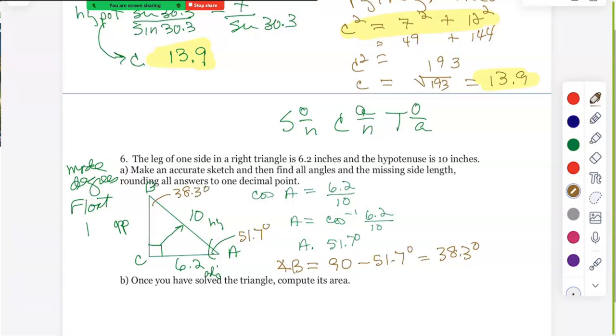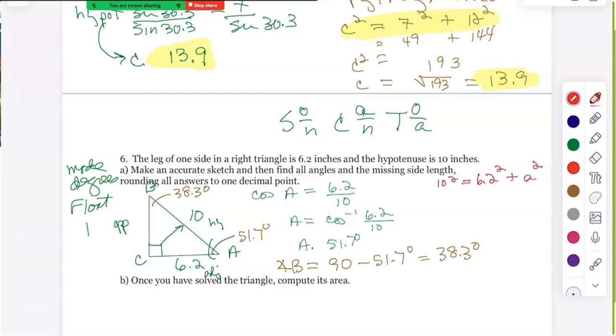Okay, so remember, you can use Pythagorean theorem to find the missing side as long as your setup is this. 10 squared, because that's the hypotenuse, equals 6.2 squared plus little side a squared.